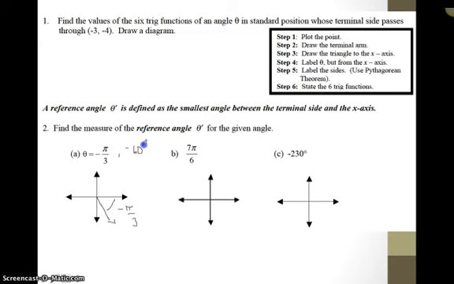The reference angle for 7pi/6, so this is 6pi/6 and then 7pi/6. So this whole amount would be 7pi/6, but I see that my reference angle there is 1/6 past that pi mark, so my reference angle theta prime is equal to pi/6, or 30 degrees.